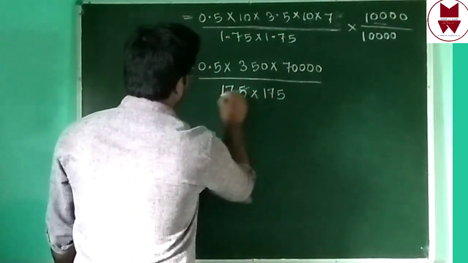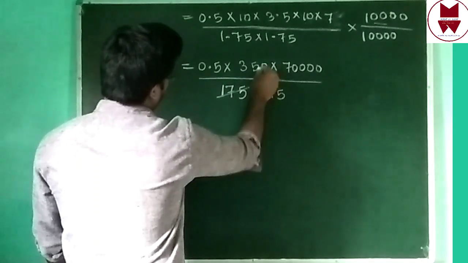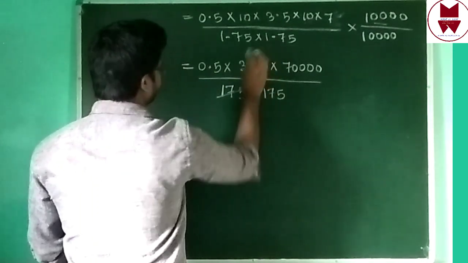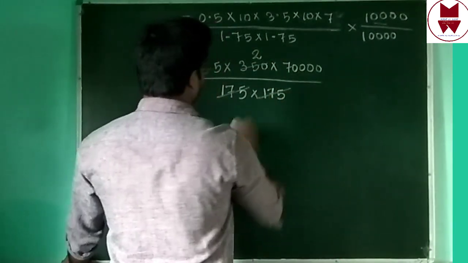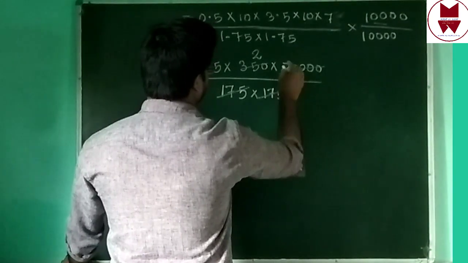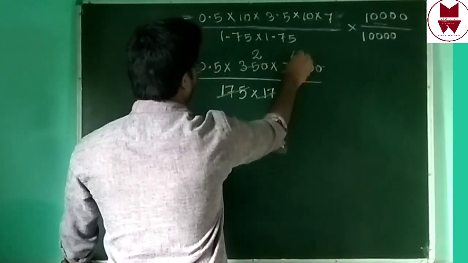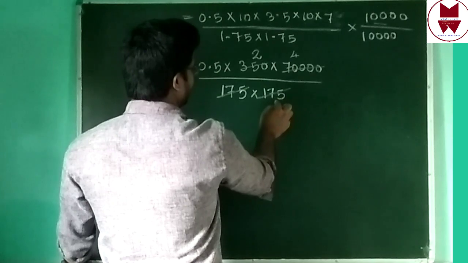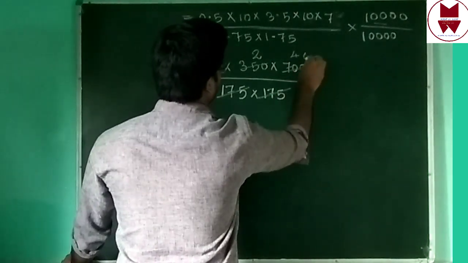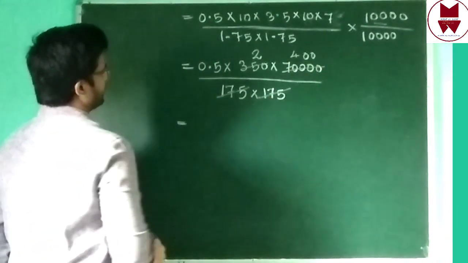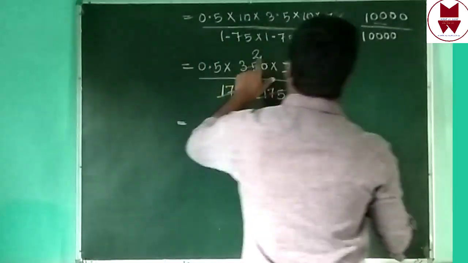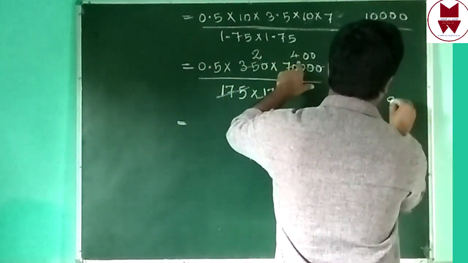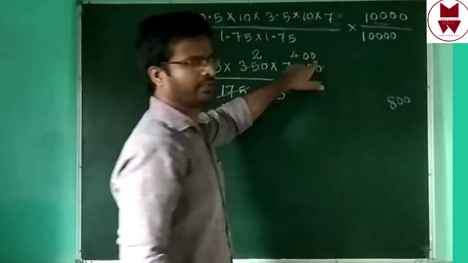Then 175 and 350 cancel, 2 times. This 175 and 700 cancel, 4 times. 4 into 175 will get 700, then remaining 2 zeros. Then multiply 2 into 400, 800. 2 into 400, 800.